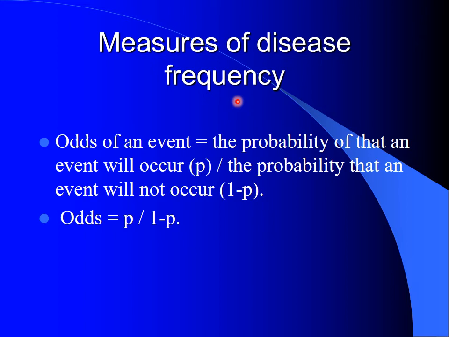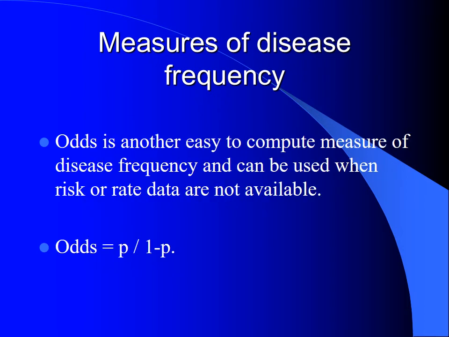So then we come to measures of disease frequency. Fourth one, odds. Odds of an event is equal to the probability that an event will occur to non-occur. So if we call occurrence p, and non-occurrence is 1 minus p, the odds is computed as p by 1 minus p.